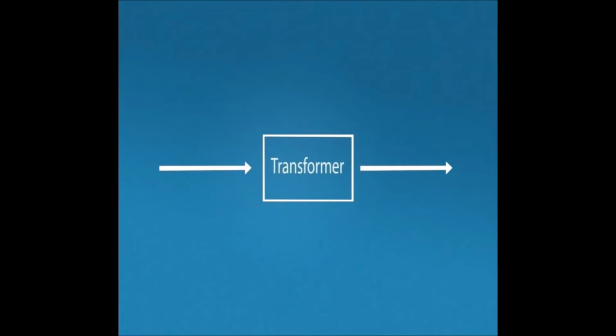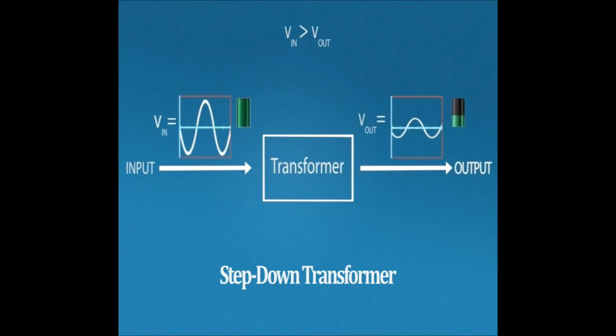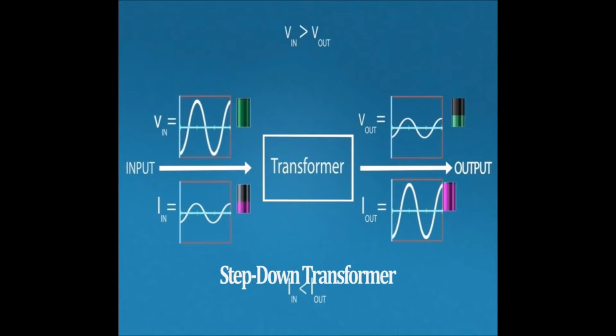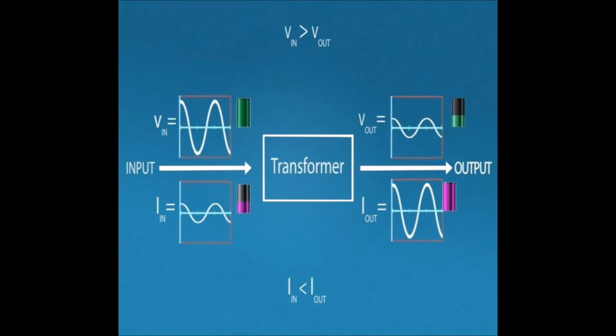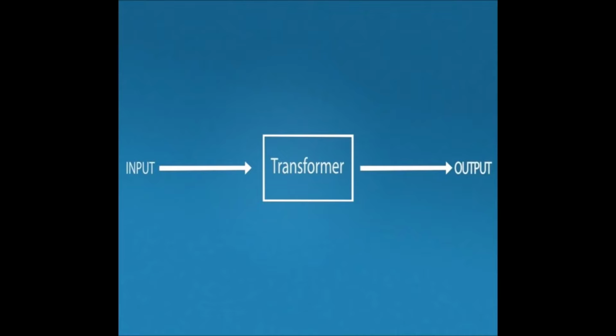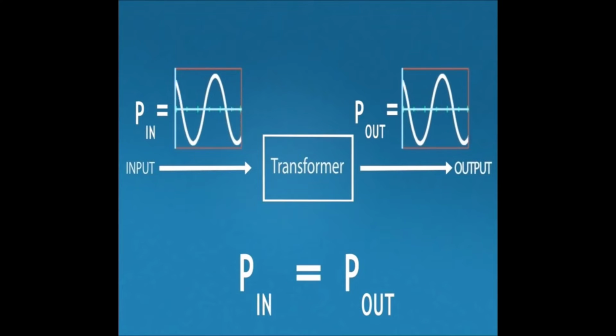For example, in a step-down transformer, the input high voltage is transformed to a low voltage, whereas the magnitude of current increases because input and output power have to remain the same.